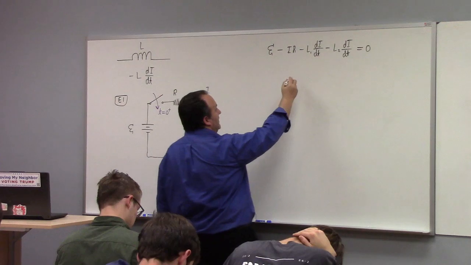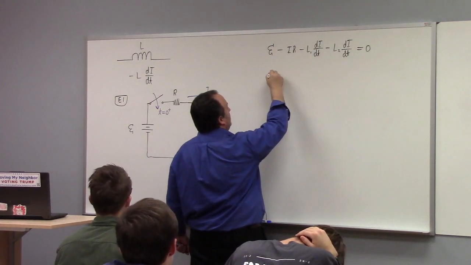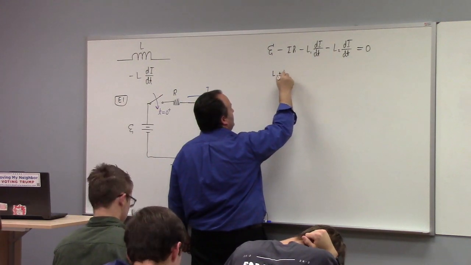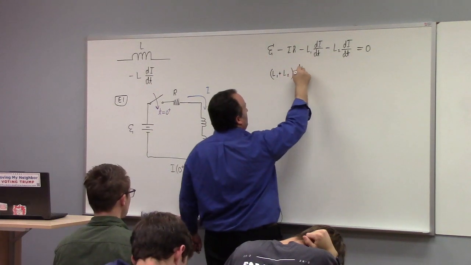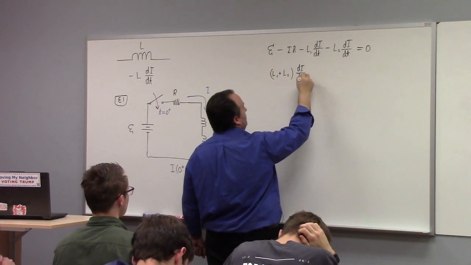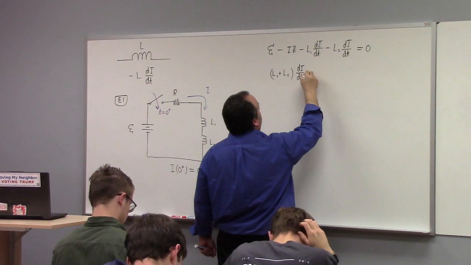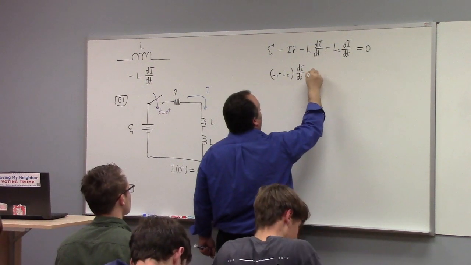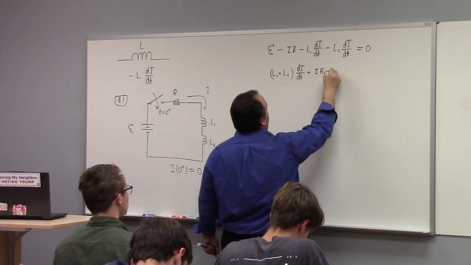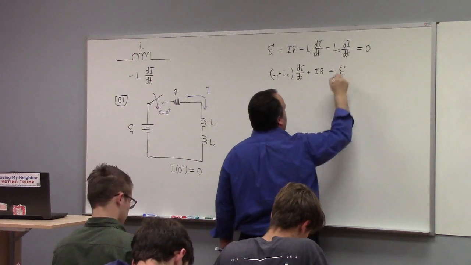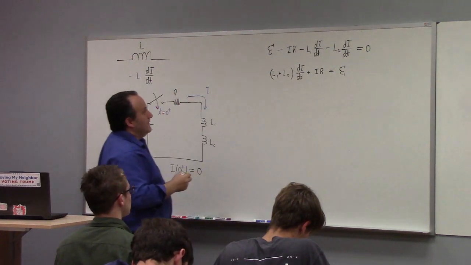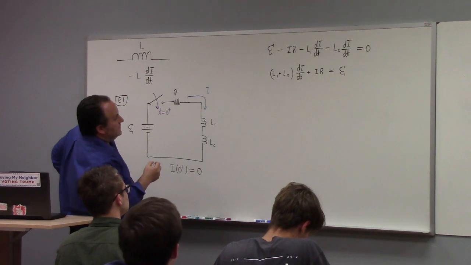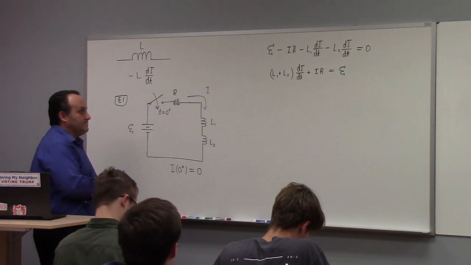Okay, so what we got? We have L1 plus L2 times di/dt plus IR is equal to E, if I move the negative terms to the other side.